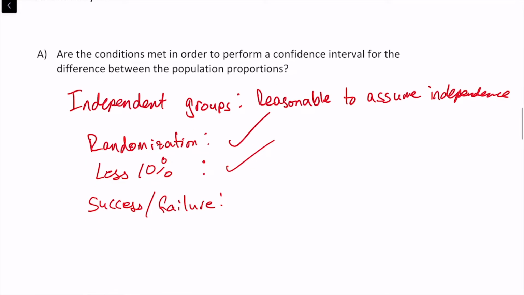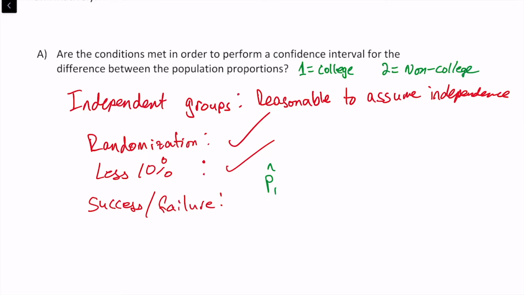Success and failure, okay? In order to do that, we need to grab some information. First, let's talk about P1 hat. Let 1 represent the college-educated adults, and let 2 represent non-college educated adults.